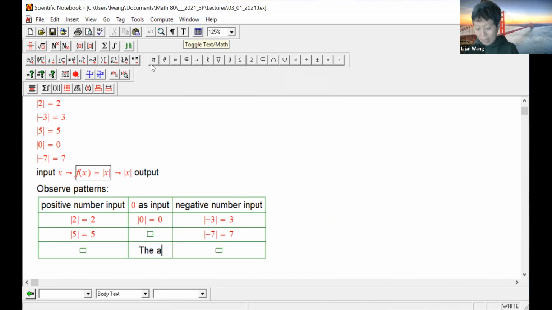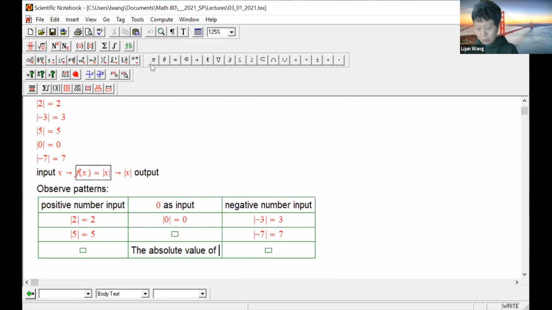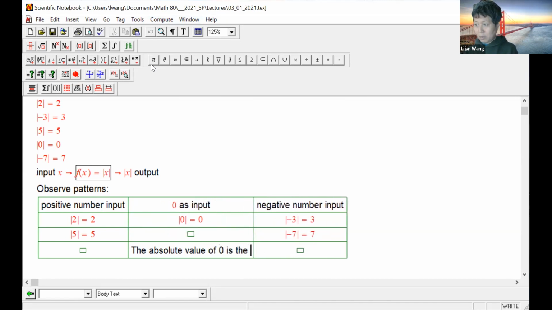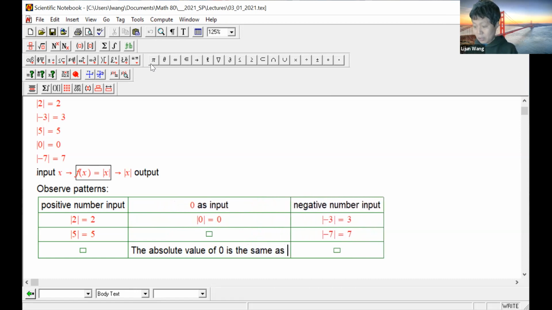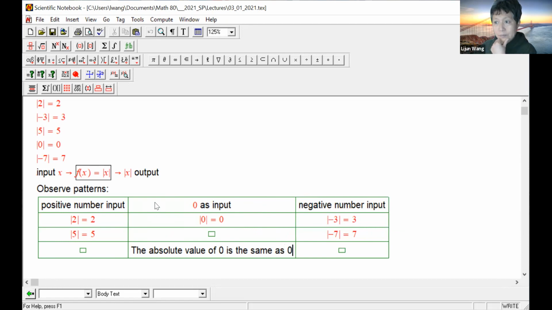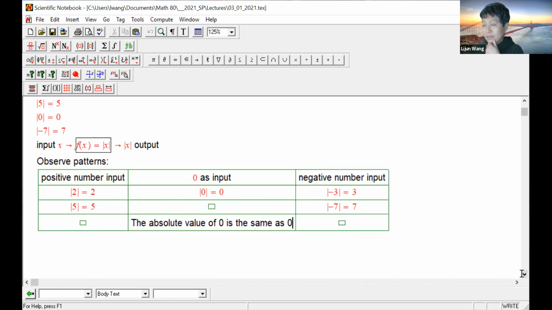The absolute value of 0 is the same as 0. The absolute value of 0 is the same as 0.